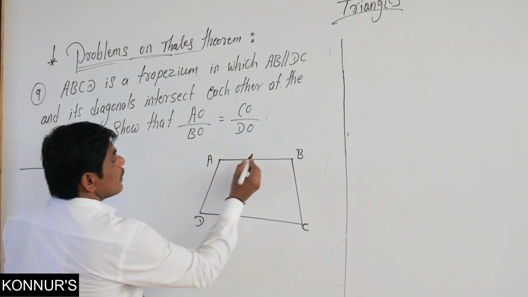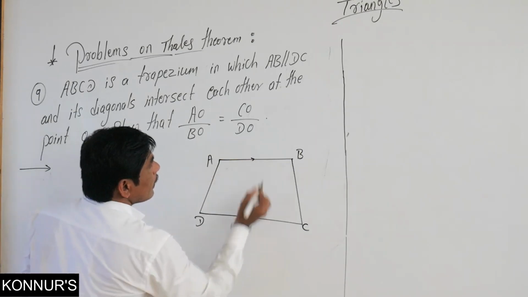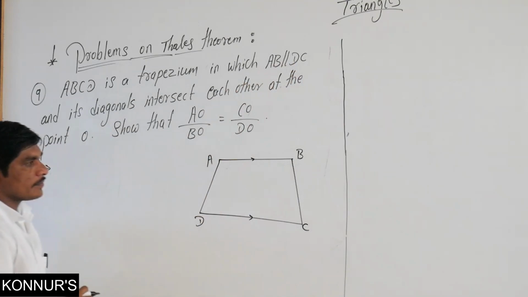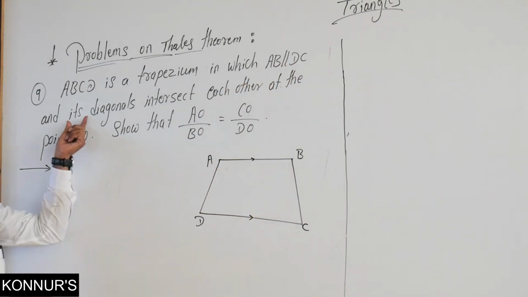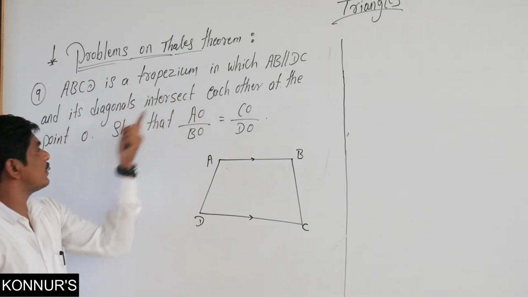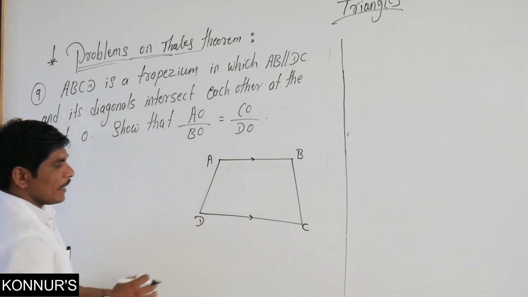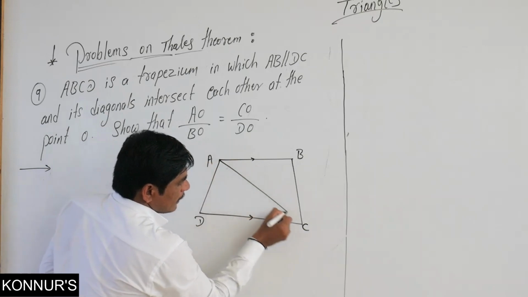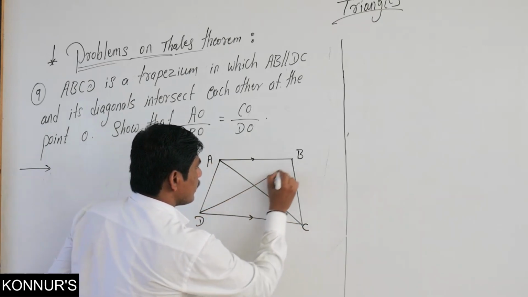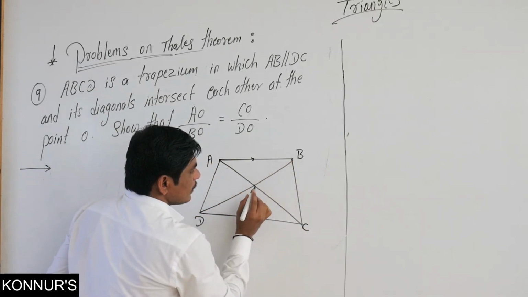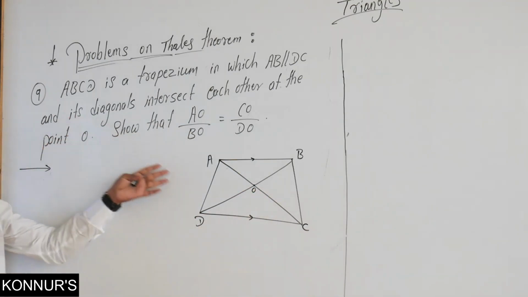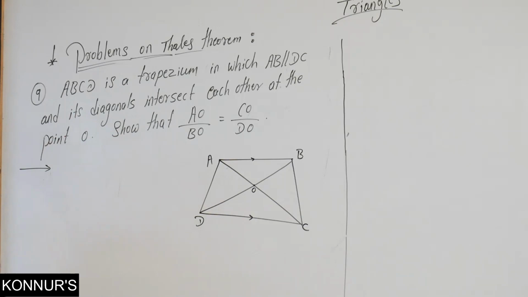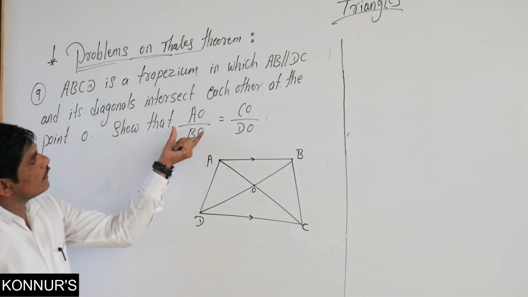And one more point is AB is parallel to DC. Its diagonals intersect each other at point O. Here we draw the diagonals AC and BD. Both intersect each other at point O.